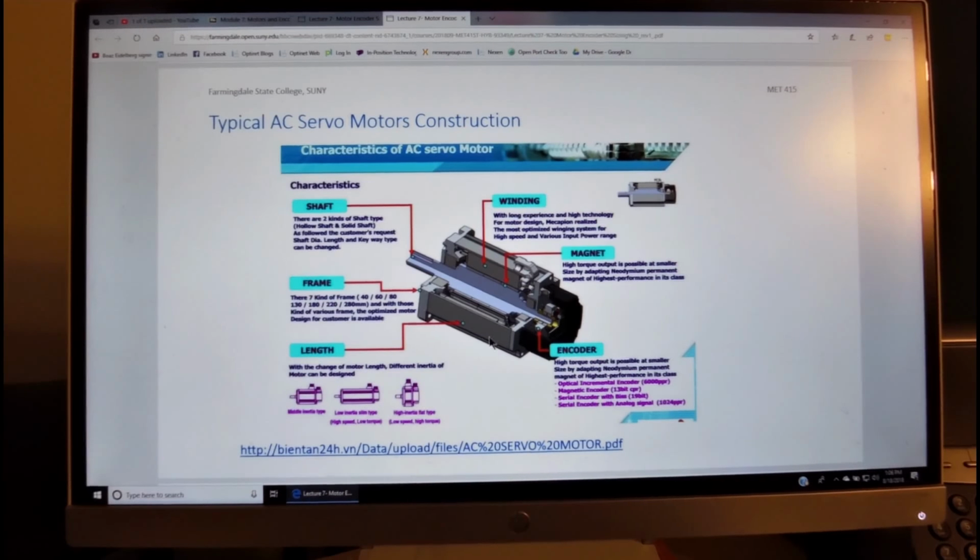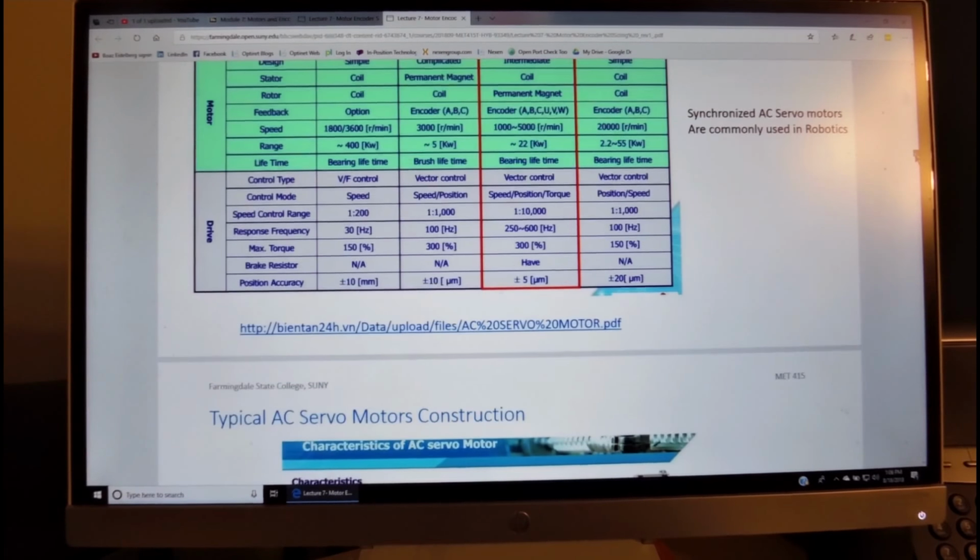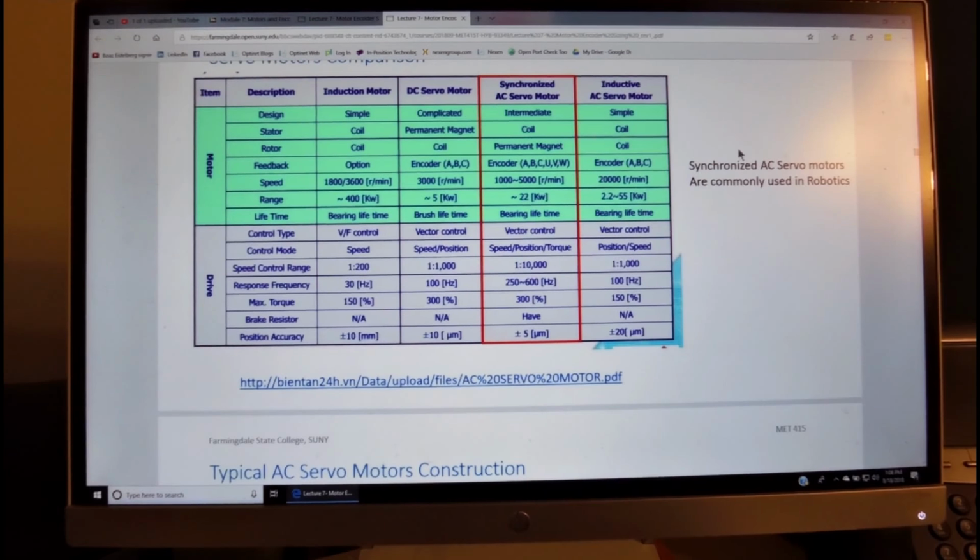The frame over here comes in various sizes, and it has an encoder in the back. The differences between the different types of motors are listed on this table. We have both motor and drive that usually come together from the manufacturer.